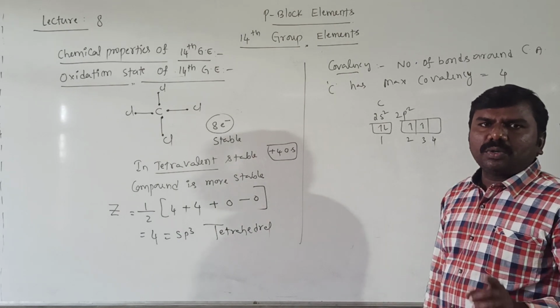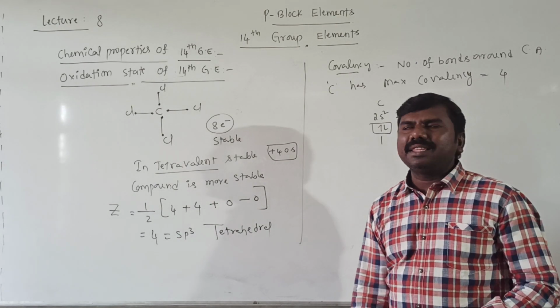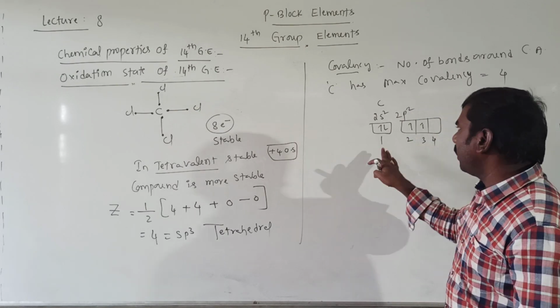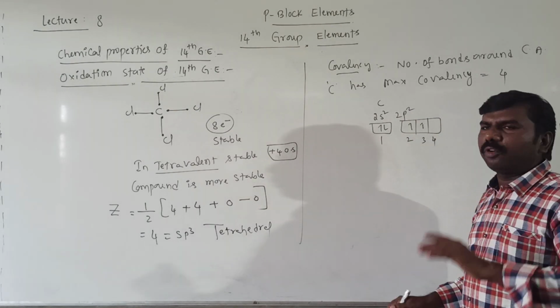There is no presence of d orbital in the second shell. So due to the absence of d orbital, carbon can form maximum only 4 bonds.